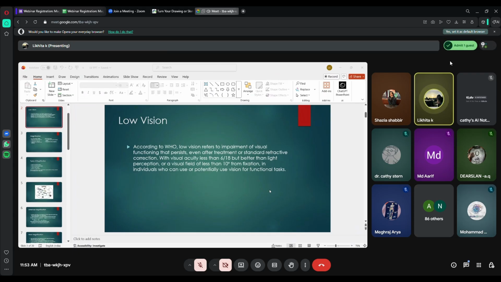That's what optical devices do. The non-optical devices are mostly based on the environmental task, like how much light or contrast they use, and how much the vision must be improved. That's the difference between optical and non-optical devices, especially in low vision.